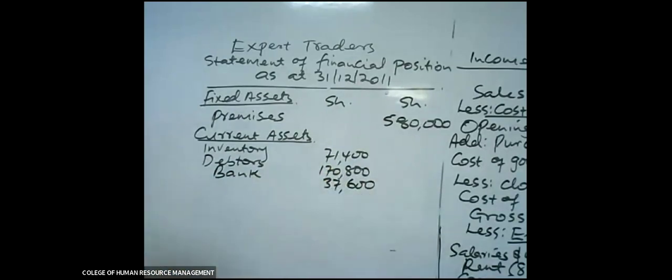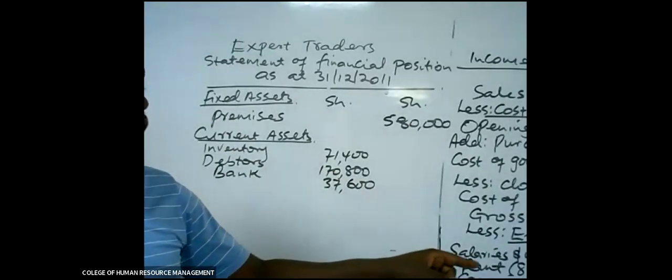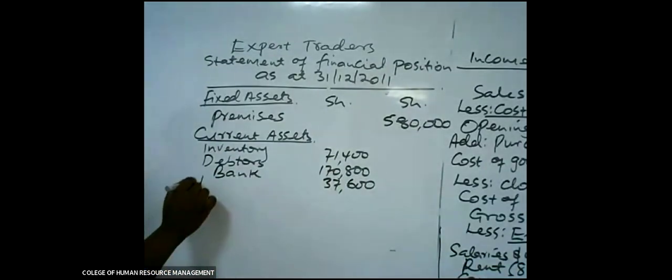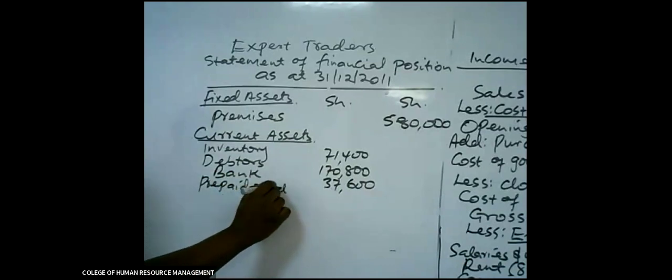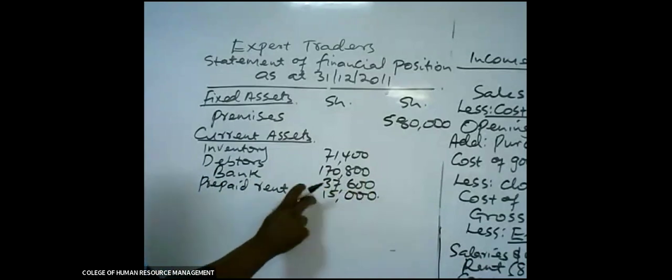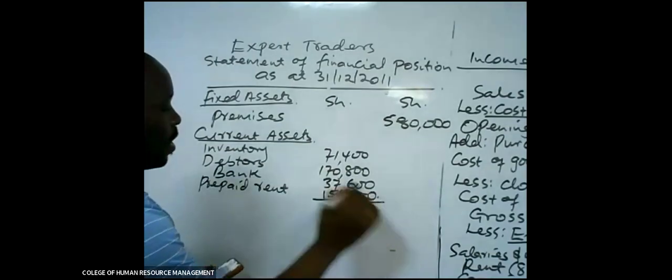And then we said if there is any prepaid expense, that amount of money that we have not utilized, that prepaid rent of 15,000, it is our money still. We have not utilized that. Any prepaid expense, in this case a prepaid rent of 15,000, is a current asset. It is our money that we have paid, but we have not received the services. That will give you the total for the current assets.